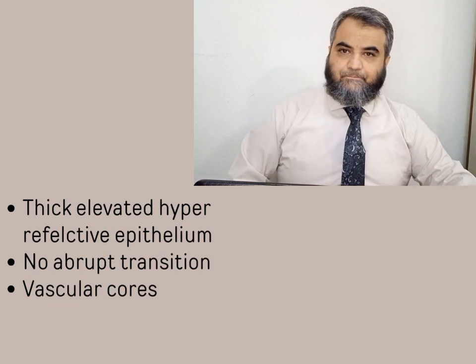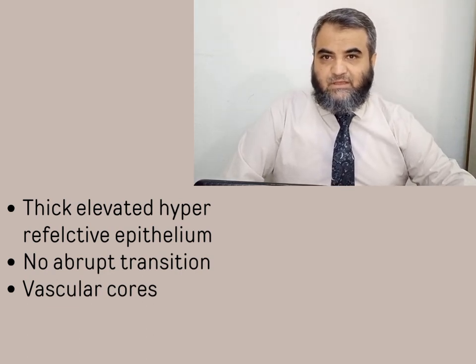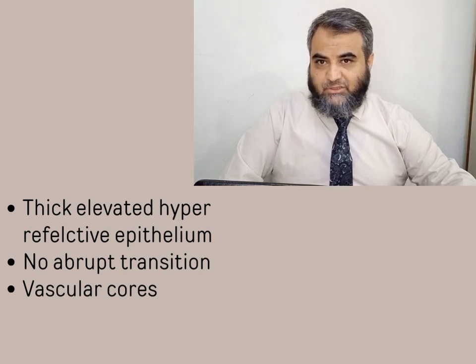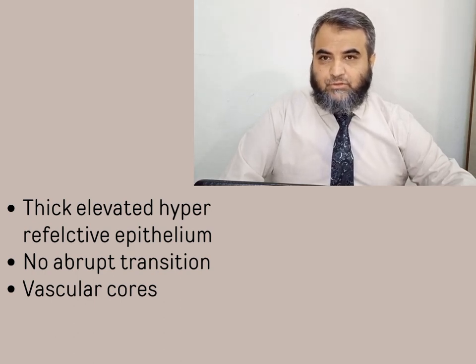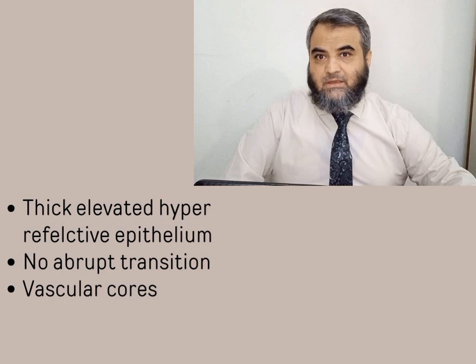So basically the OCT is showing us a thick hyperreflective epithelium, with no abrupt transition, and some vascular cores. What happens if there is a malignant lesion, for example ocular surface squamous neoplasia?